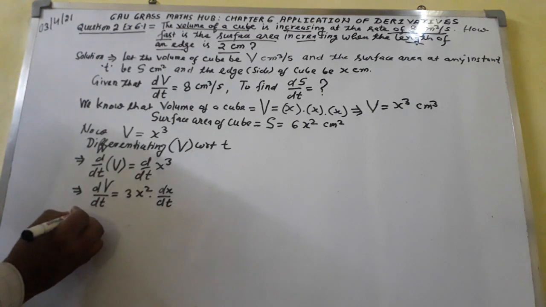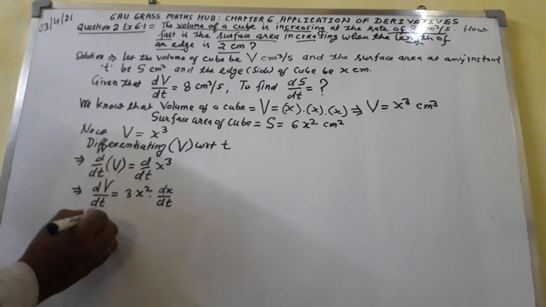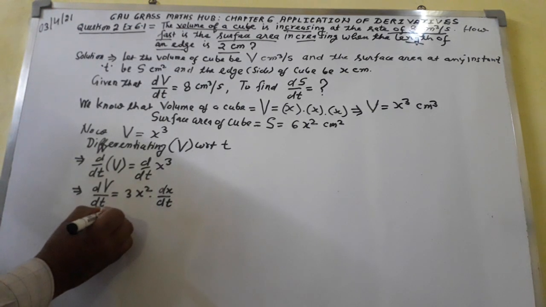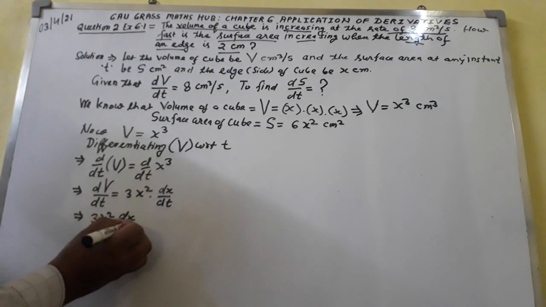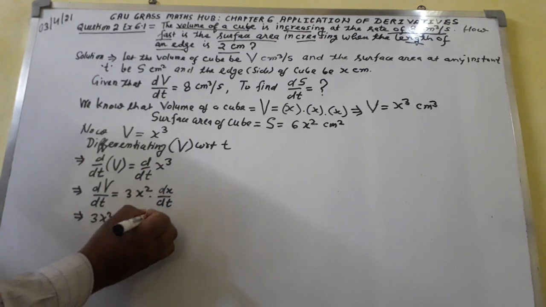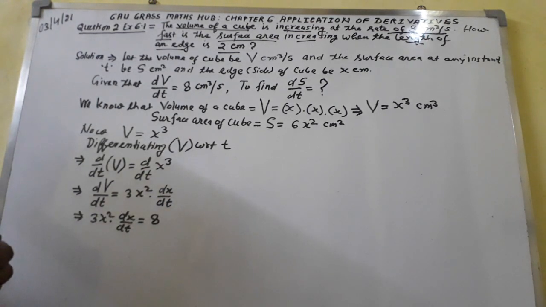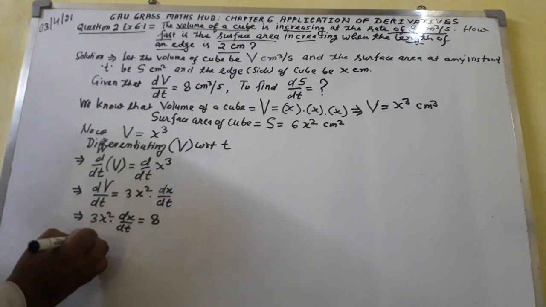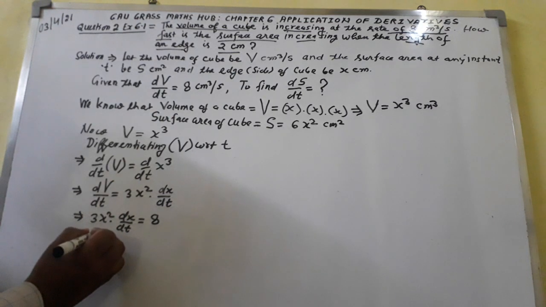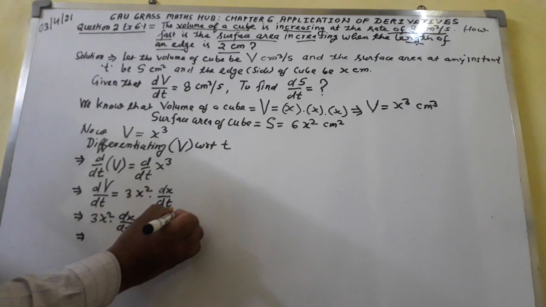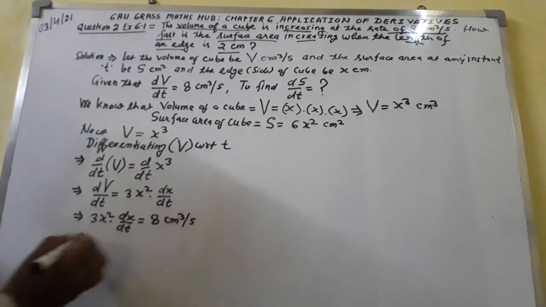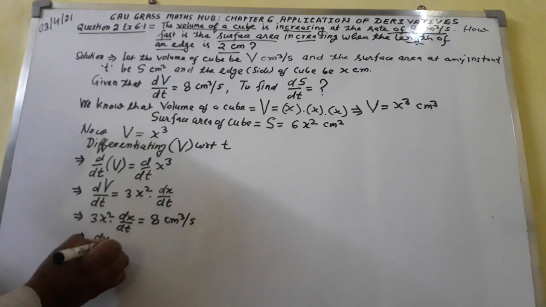So here again I shall write 3x square dot dx over dt is equal to 8, implies that 8 centimeter cube per second. So we shall get dx over dt.